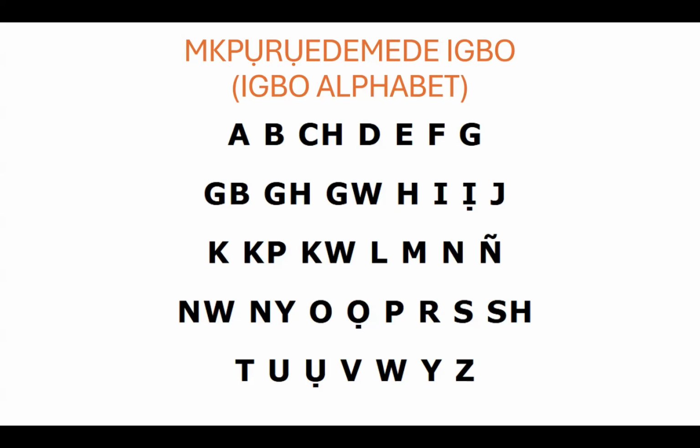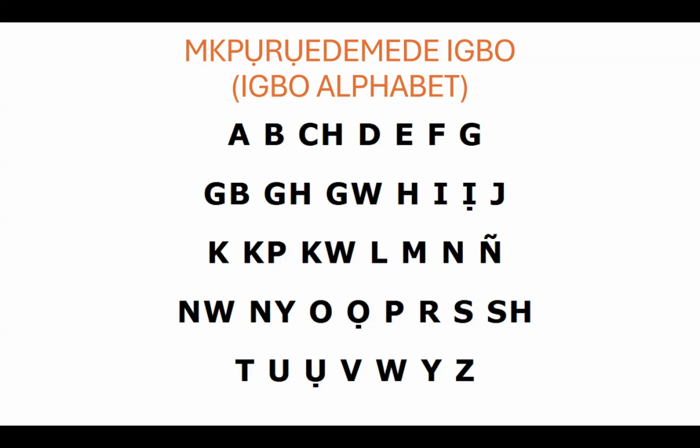Then you now say Nye, O, Ọ. You see O and Ọ, they are different. You see O in Okoro, Obioma. Odemma is different from Okoro. You will see it in Opara. You see it in Ogade.